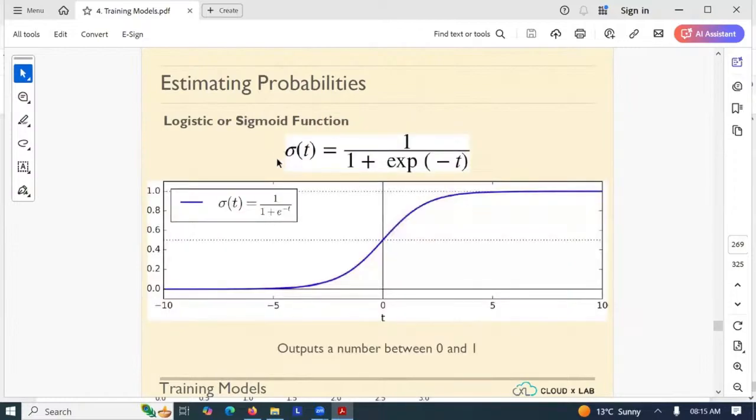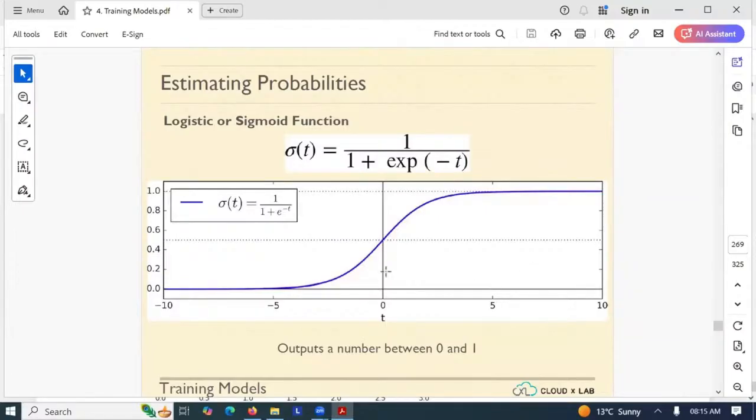Now, this is the property of the sigma function that it will convert values to between 0 and 1, right? You can put any positive t value or any negative value, and it will convert the values into the range 0 to 1.